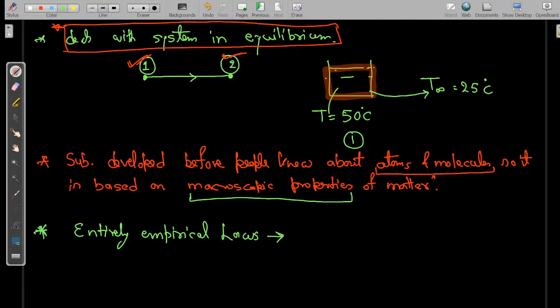What do you mean by entirely empirical? Empirical means it is based on experiments. That means all the laws have been derived from nature.